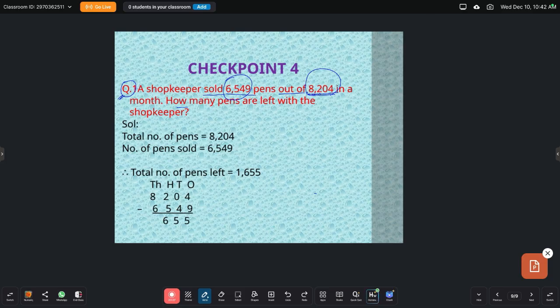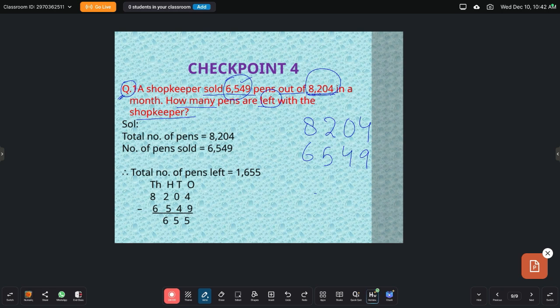Now, what we have to do? We have to tell how many pens are left with the shopkeeper. Let me explain it again. Look here, a shopkeeper is having 8,204 pens total in his shop. And what he does? He sells 6,549 pens in a month.